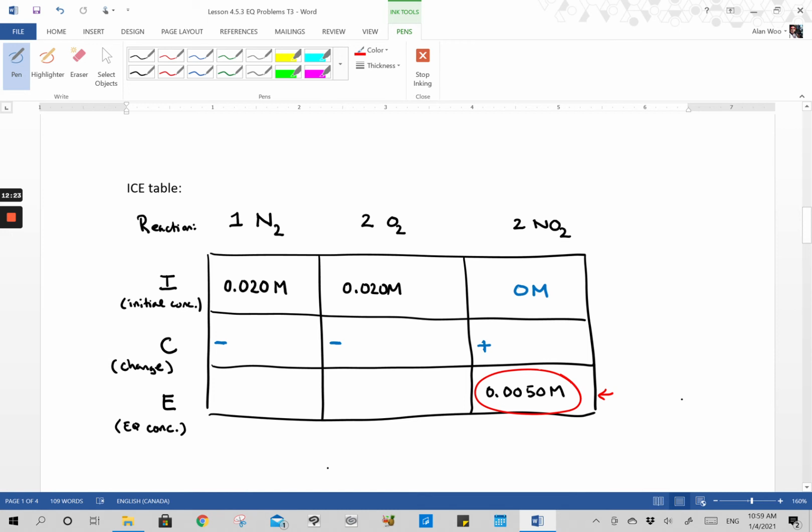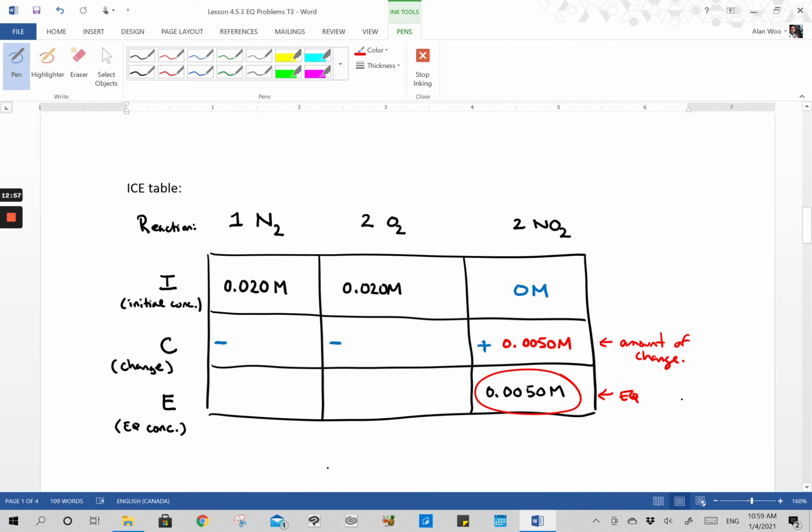Well, the change has to be the same number. 0 plus 0.0050 will give us 0.0050 at equilibrium. So this is the amount of change that NO2 has to go through in order to get the equilibrium concentration.